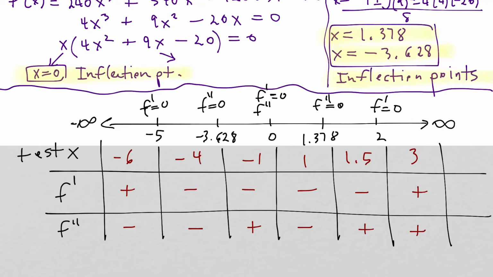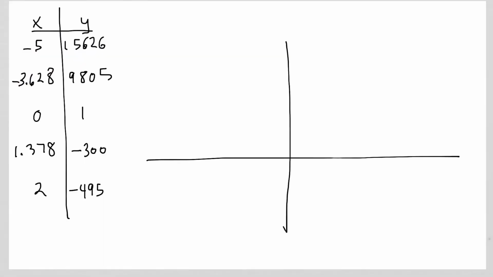All right, we got enough information now to sketch our graph. So I took my values from my number line, I put them in the x column, I subbed them into f of x, and I got my y values. These are going to be the points I'm going to put on my graph. So I'm going to make a scale 1, 2, 3 here, like that.